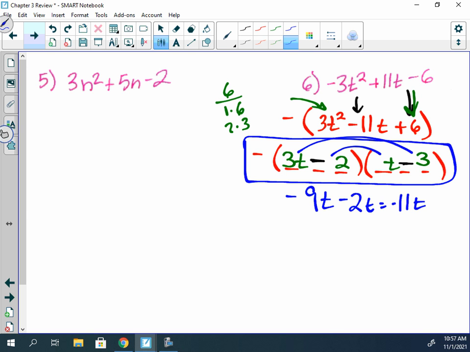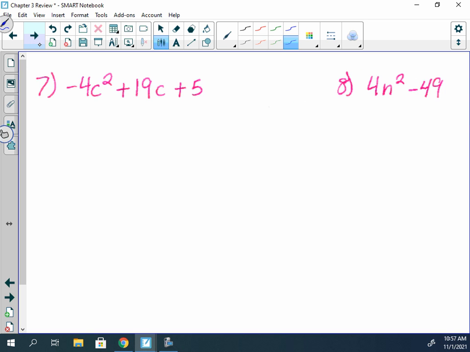Any other questions on 5 or 6? Questions on 7 or 8? 8 is one of our special ones. Because we called this the difference of what? Perfect squares.